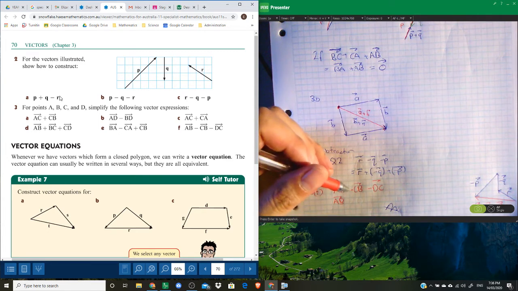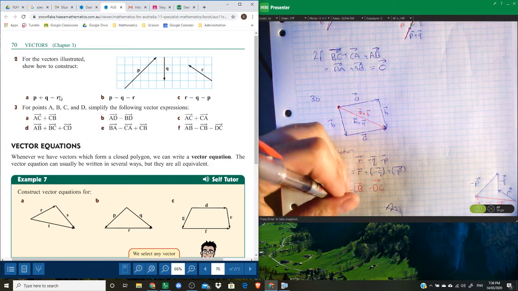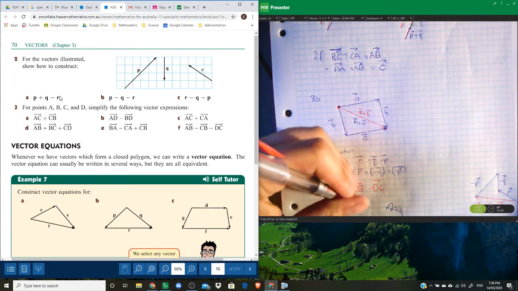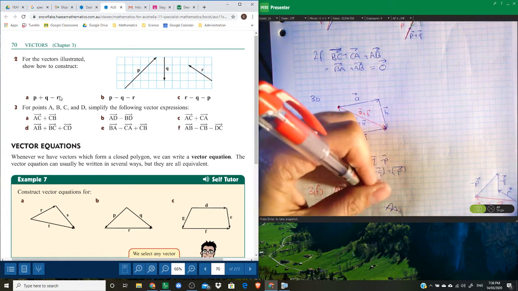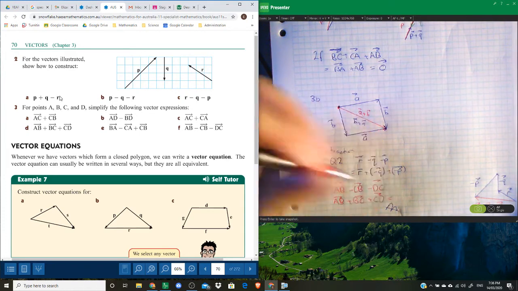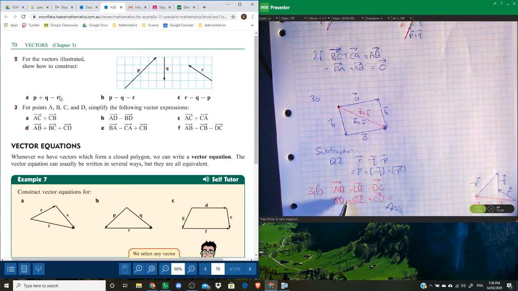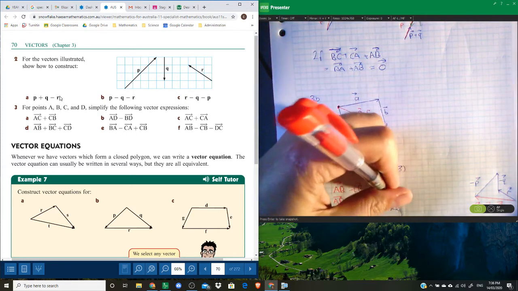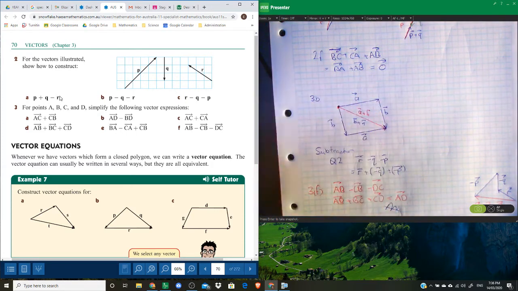So the negative going from C to B is the same as going from A to B, A to C rather. And then you've got, okay, swap that around, D to C, C to D rather. Then that equals, well, you've gone from A to B to C to D. AD. There you go. Okay.